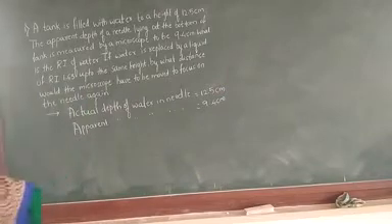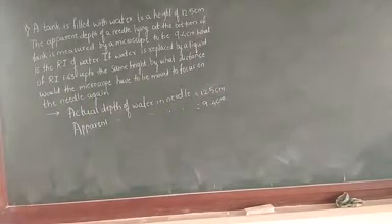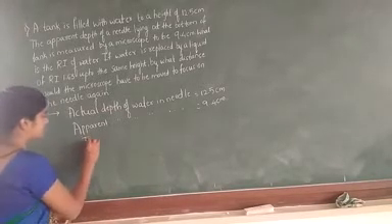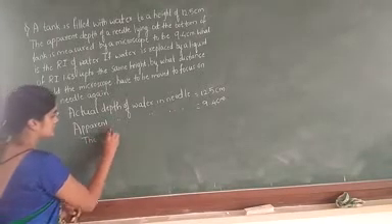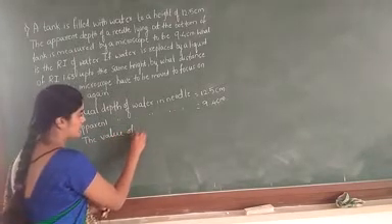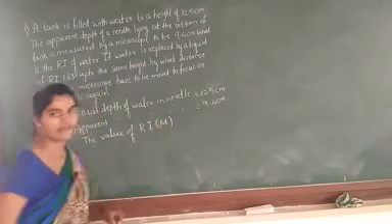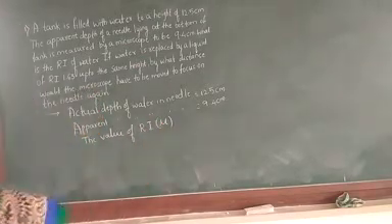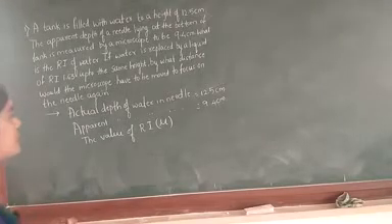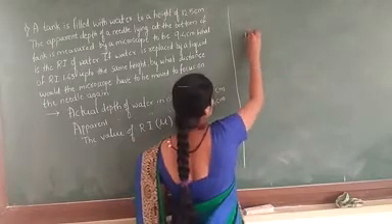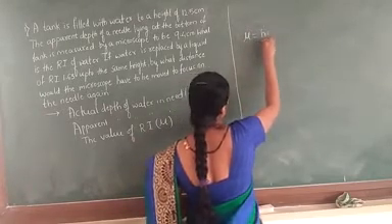First one we are considering the actual depth. Second one they have given the apparent depth. Next we have to find the refractive index, which we are considering as mu. Therefore the formula is mu is equal to H1 by H2.